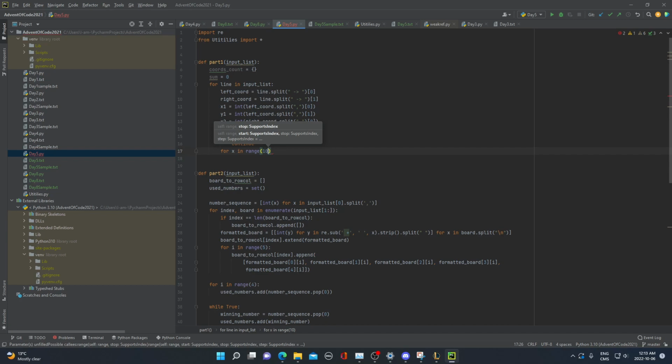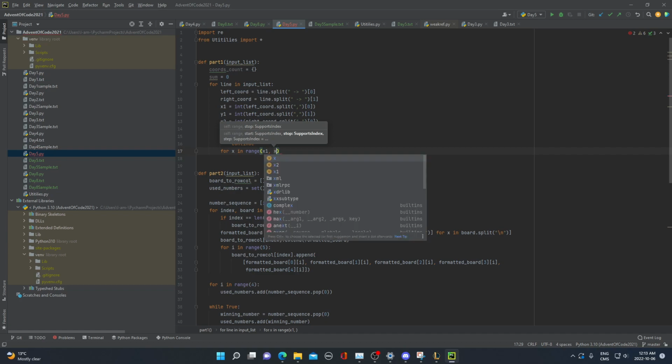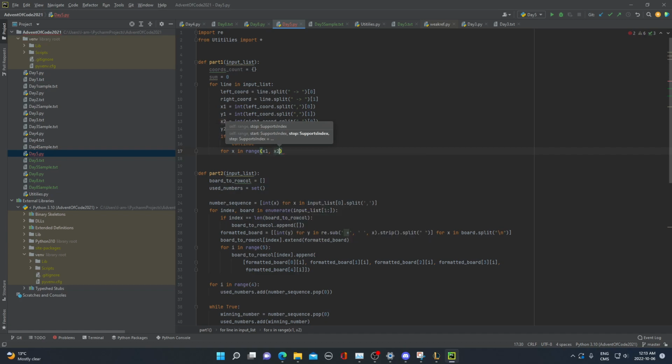So like range of 10 would be 0, 1, 2, 3, 4, 5, 6, 7, 8, 9. So that's okay. One parameter is stop. Two parameters is start. So range, you include x1 and you stop, which is x2. But this is non-inclusive, so you do x2 plus 1.